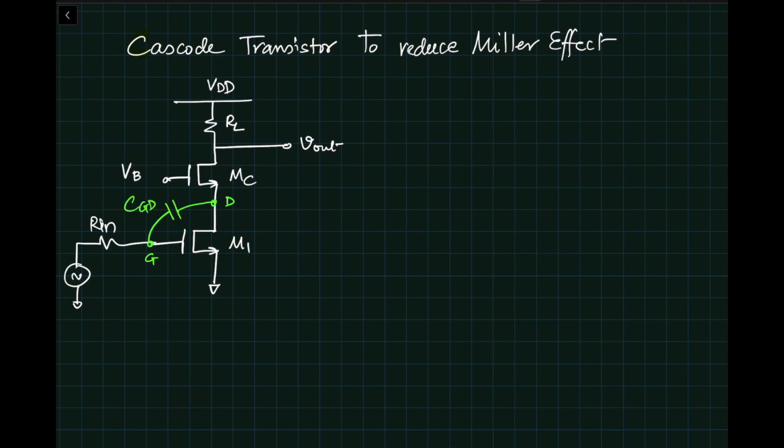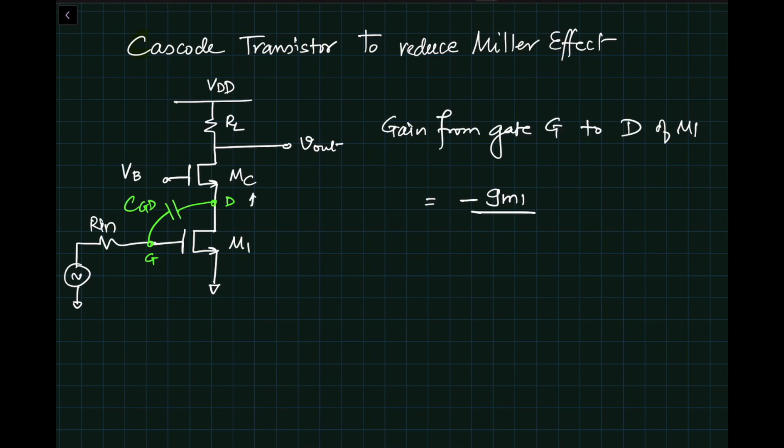If you look at this particular example, due to the cascode device MC, the gain from gate to drain of M1 is given by minus GM1 divided by the resistance looking up. If you ignore the output resistance of MC, it's going to look like 1 over GMC, where C denotes the cascode.